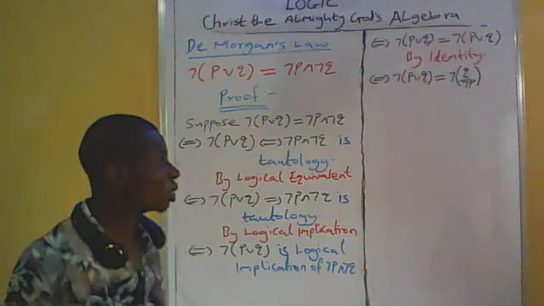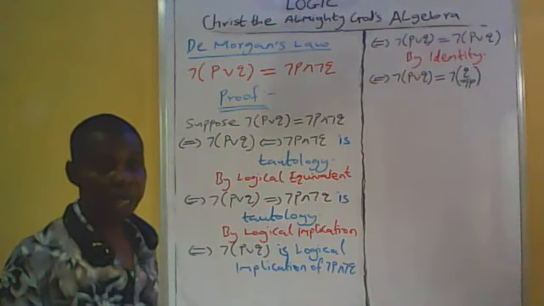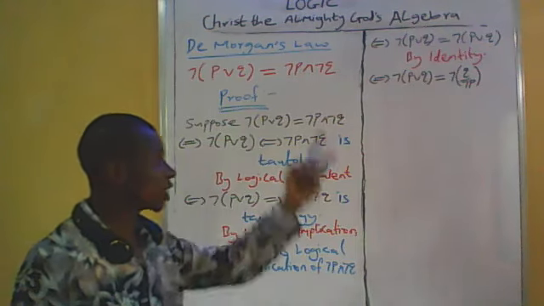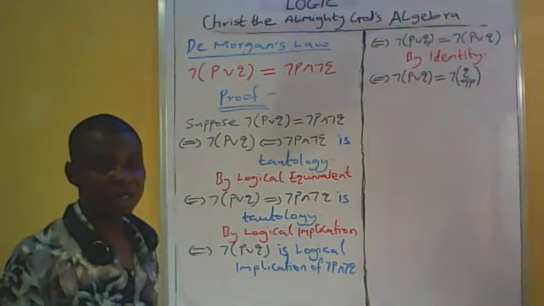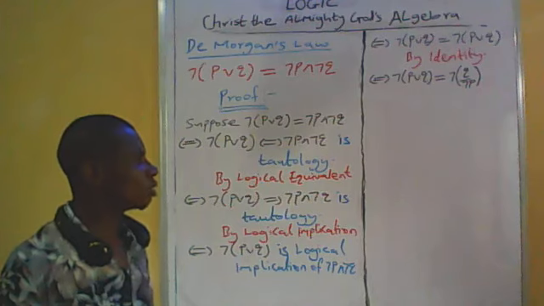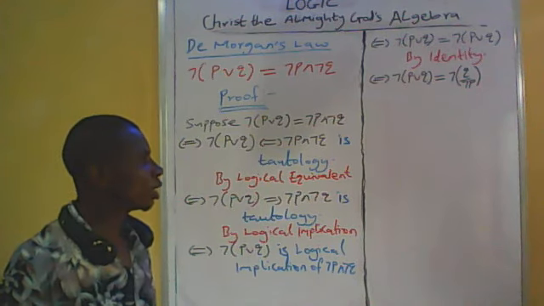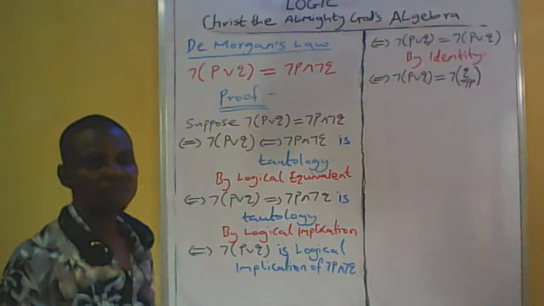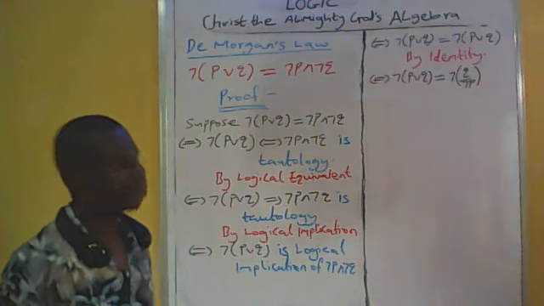You now transform it to a conditional statement, and you still preserve equivalence, that means logical equivalence. So it means that not P implies Q, that means not Q upon not P.